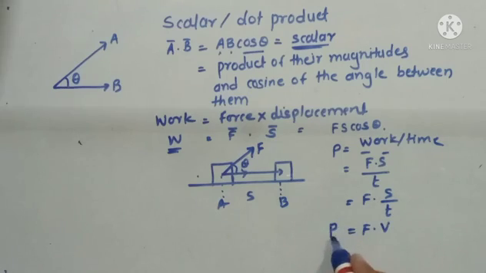So we can see that power is a scalar quantity, force is a vector quantity, and velocity is also a vector quantity. In physics there are many terms which are scalar quantities and which are a product of two vectors. Therefore, we have defined this scalar product.